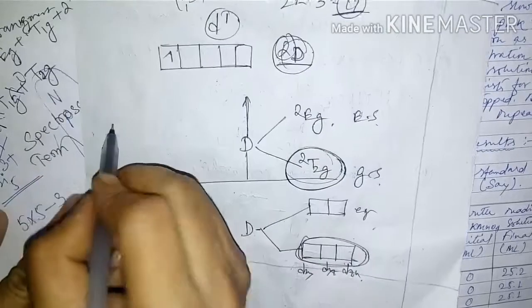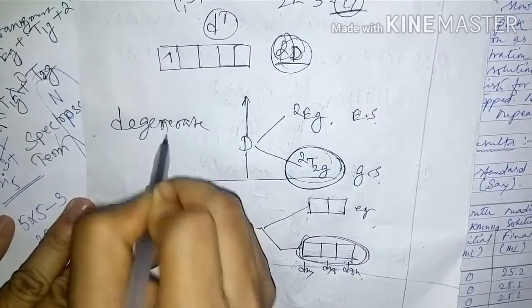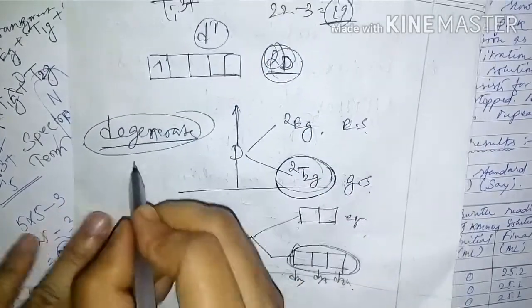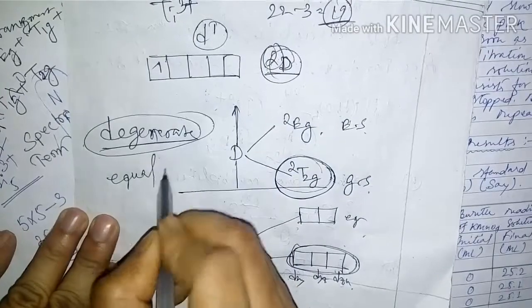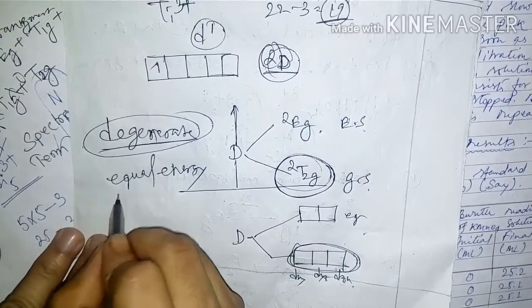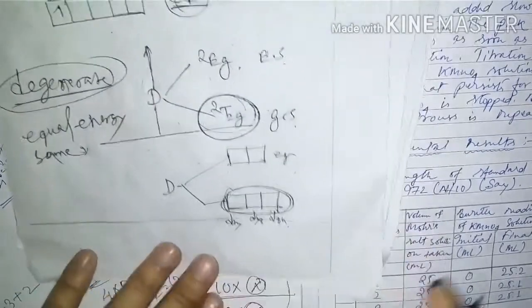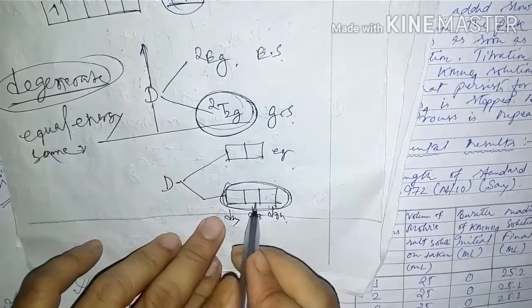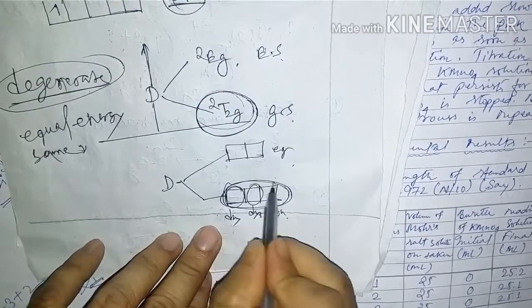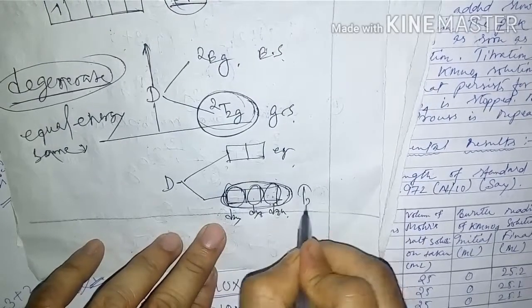Degenerate means equal or the same energy. So these 3 degenerate energy levels are called t2g.